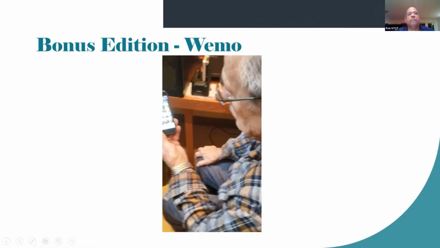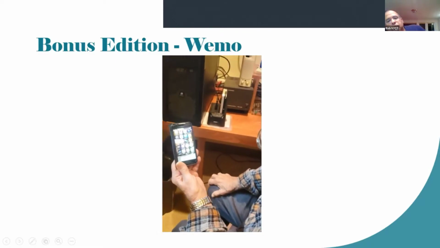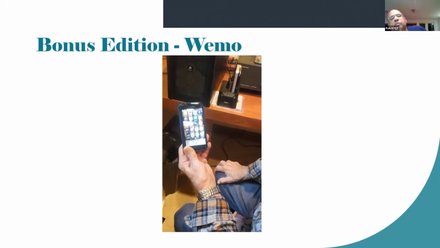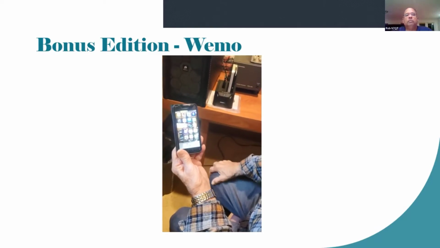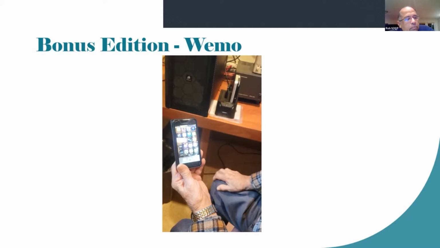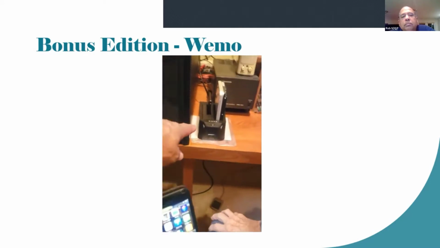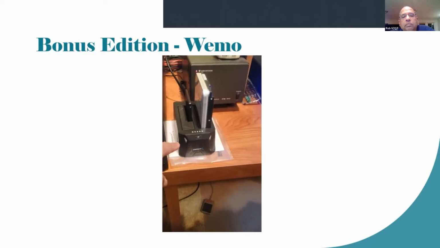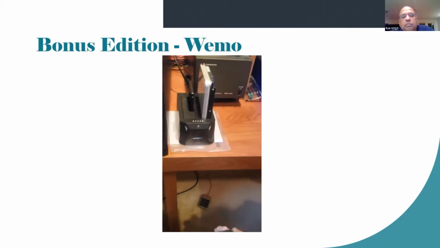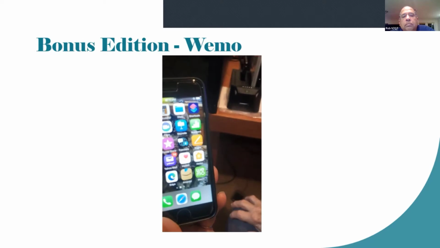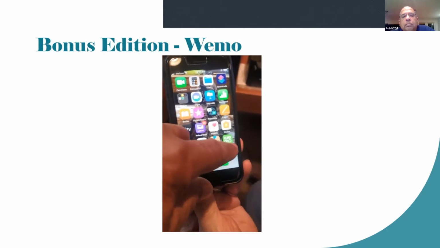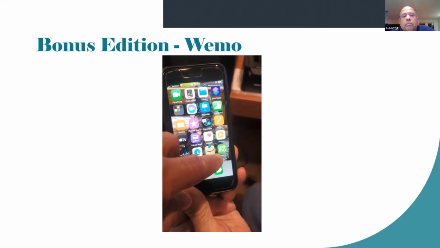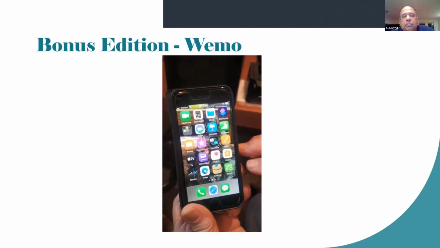All right, so as a bonus, we are going to show you a device that Sam discovered that we use to turn on our SATA backup system just prior to backup starting, and then turn it off when backups are done. The device is called Wemo, and here is the app on Sam's phone. Why don't you fire up the app, Sam?